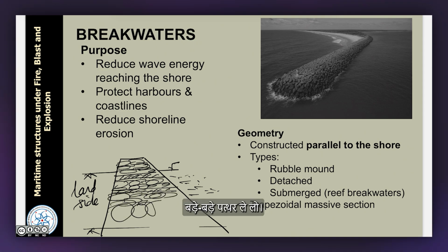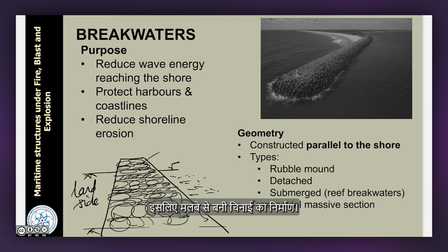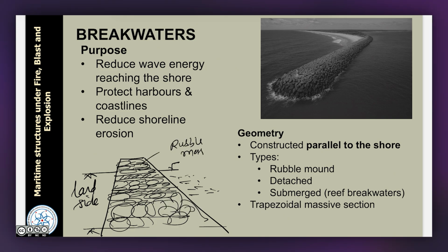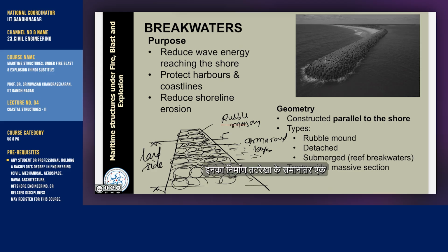Big boulders, and so on. So, rubble masonry construction. These are armored layers. They are constructed for a specific length parallel to the coastline.